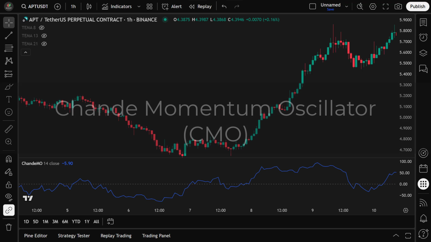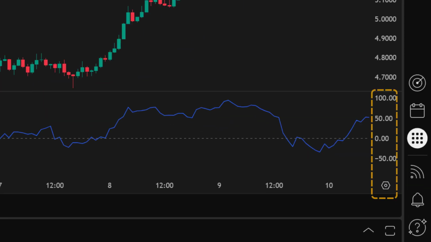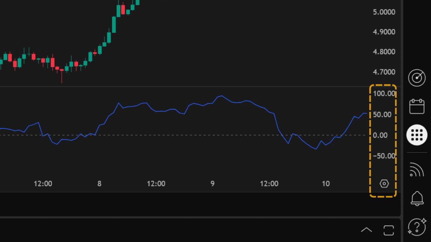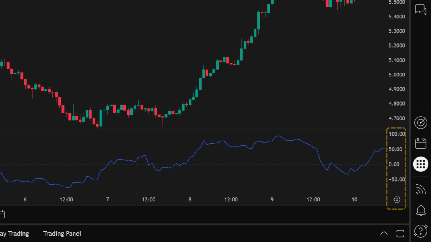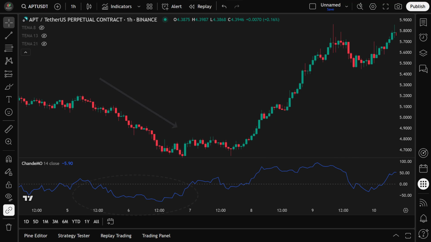3. CMO. The CMO, or Chande Momentum Oscillator, is a momentum indicator developed by Chande. It measures the strength and direction of momentum on a scale from plus 100 to minus 100, making it more sensitive and symmetrical compared to RSI. Positive values indicate bullish momentum. Negative values indicate bearish momentum.